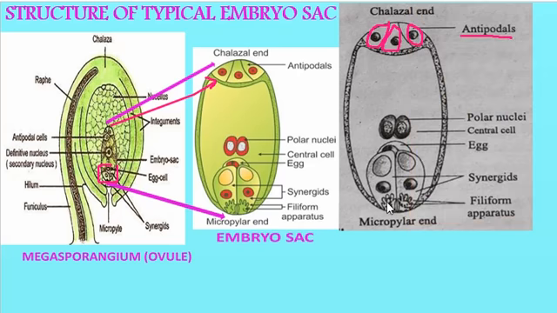there are 3 cells together that constitute the egg apparatus. Which are those 3 cells? That is egg and synergids. Okay, so there are 2 synergids and 1 egg. So this is the egg cell here.